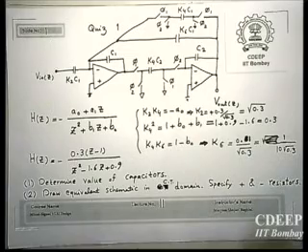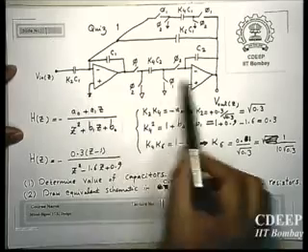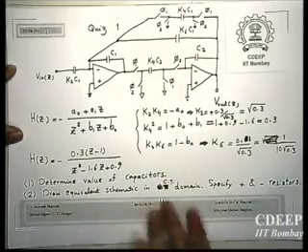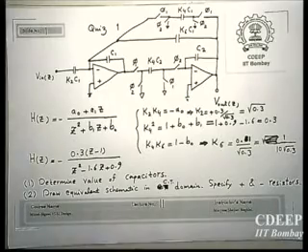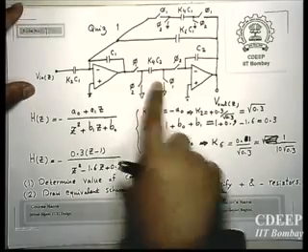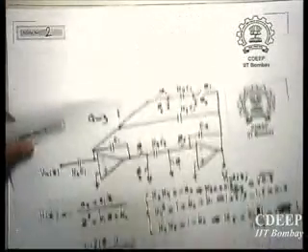Okay, so the whole point was to be familiar with this architecture. That's why I asked you to draw the equivalent schematic in the continuous time domain. If you draw it, this part and this part will be replaced by a resistor. So you will see that it will be a bandpass filter.